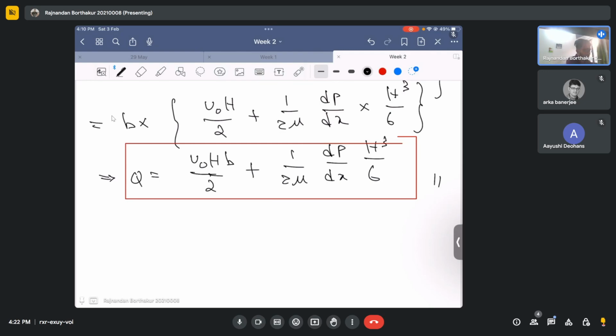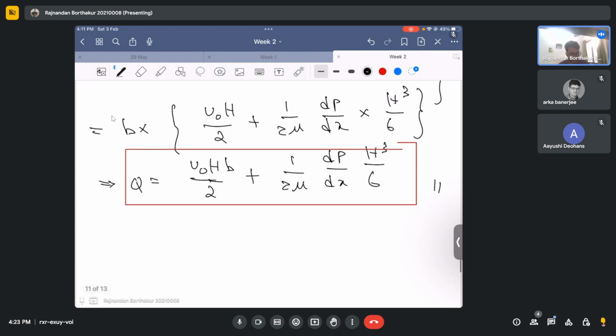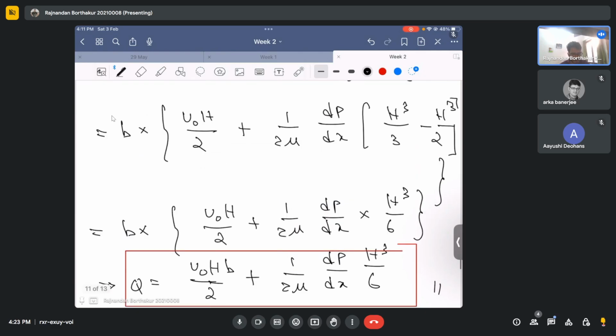I'll again wait here for 1 or 2 minutes. Does anyone have any doubt here? The calculation of volume flow rate and the overall answer to this problem.